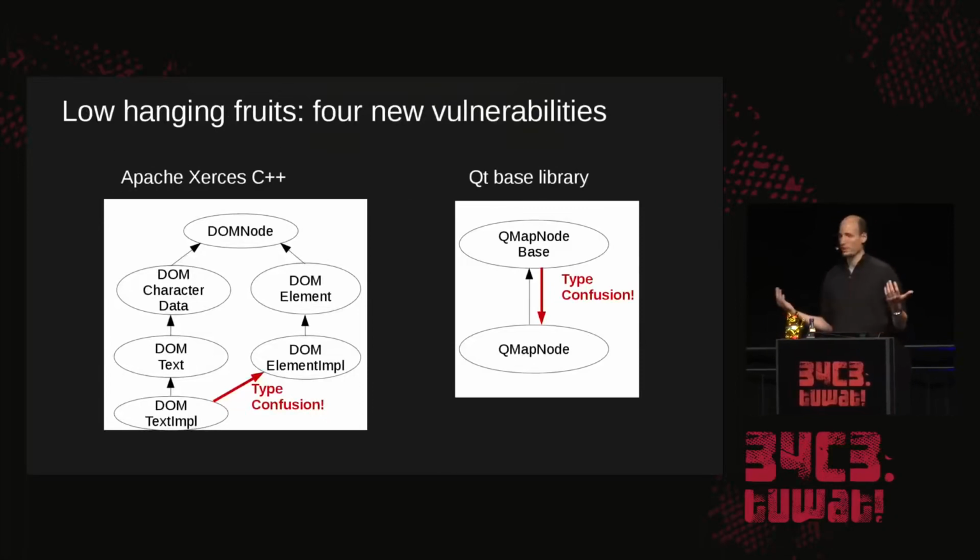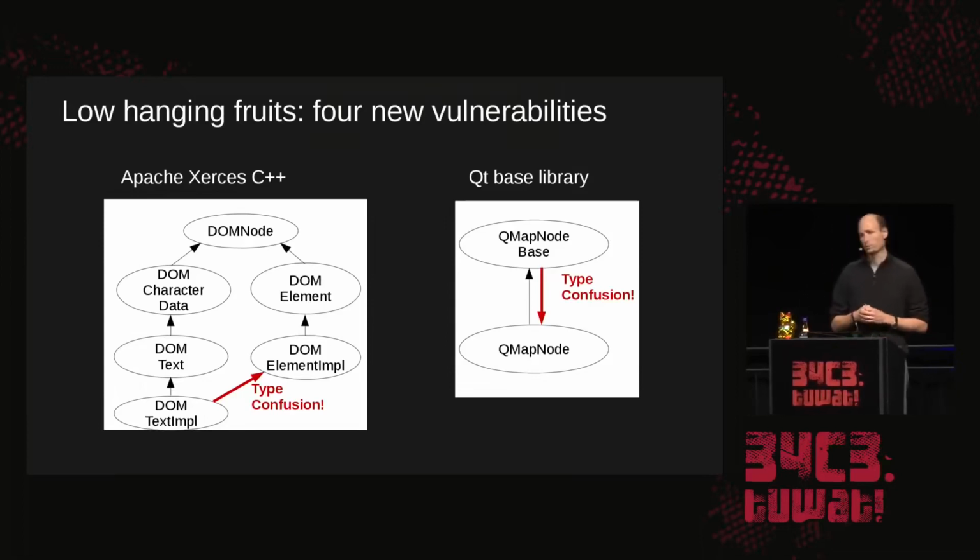Interestingly, by just doing this base system, we already found 4 new vulnerabilities in Apache Xerces, which is a large XML processing library, where there were casts from a DOM text implementation node to a DOM element implementation node, which allowed us to reinterpret these types in different ways.